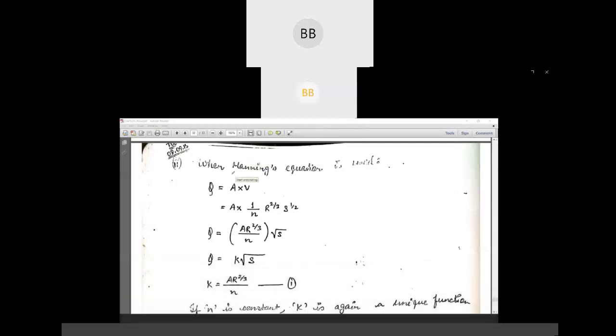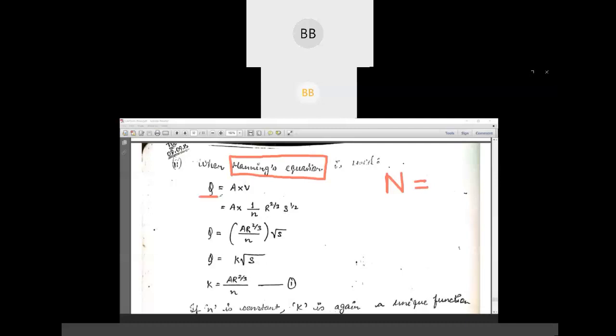So our objective is to derive an expression for the hydraulic exponent, that is your capital N. The derivation process is very much similar to your first one. Only in place of velocity we are using Manning's equation.